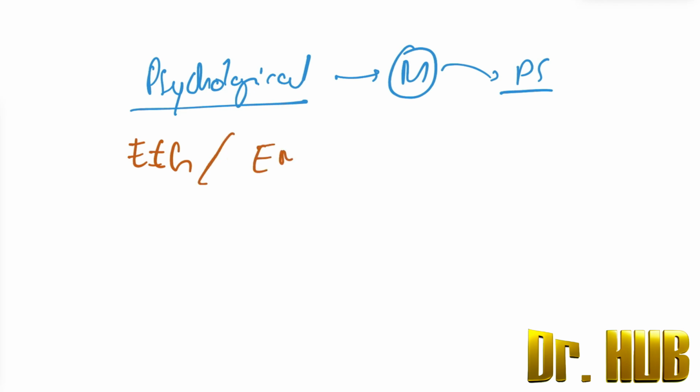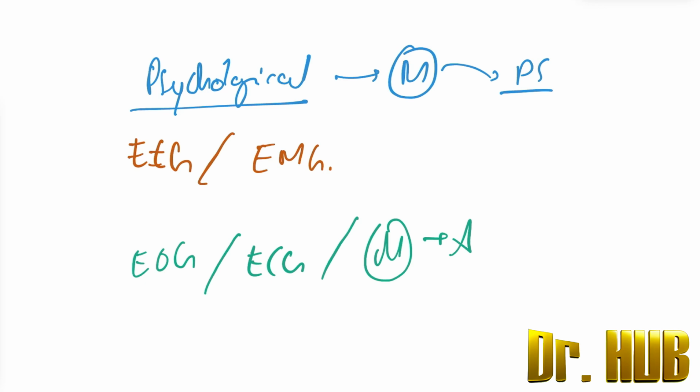Then is the EMG. EMG stands for chin electromyography. Then comes the EOG. EOG is electrooculography. Then the ECG, electrocardiography. Then is the measure of the airflow. Then comes the measuring of the respiratory effort.